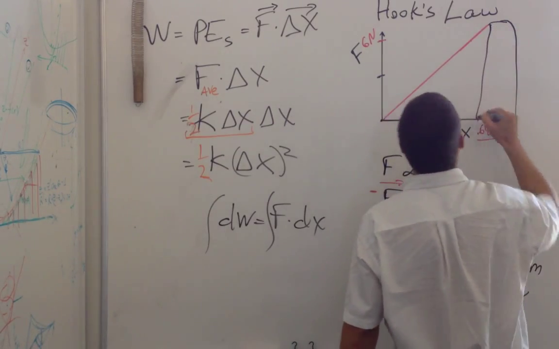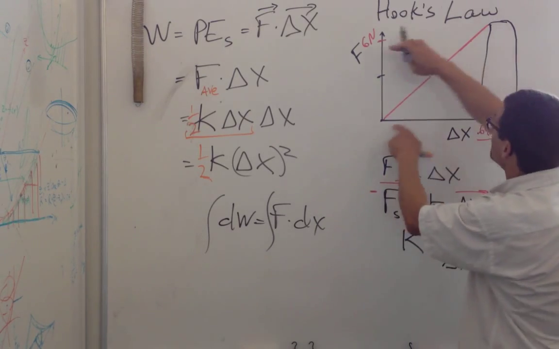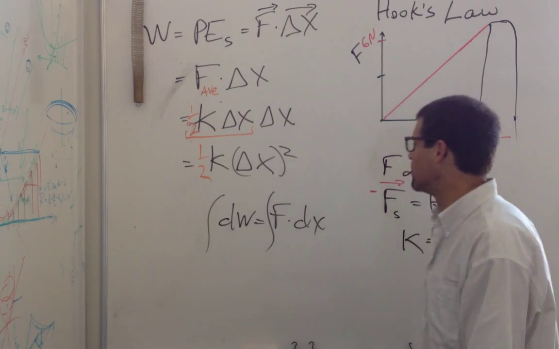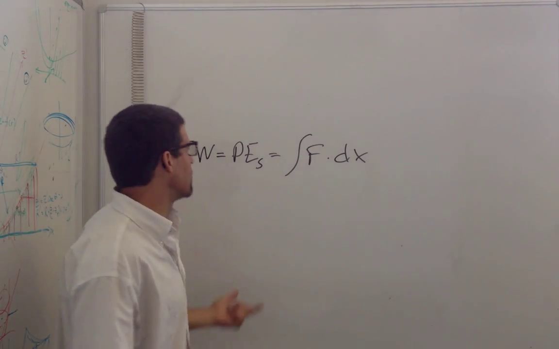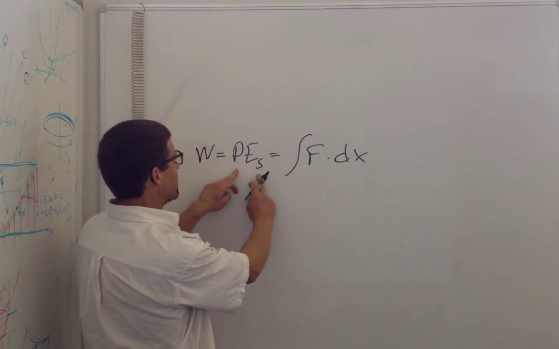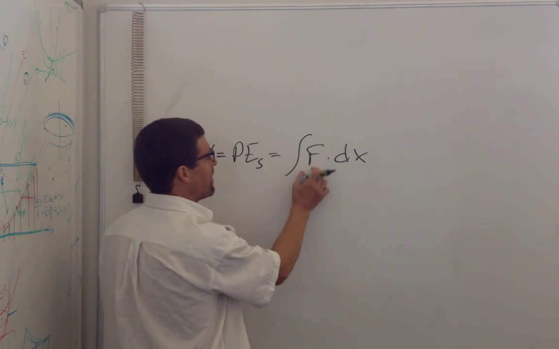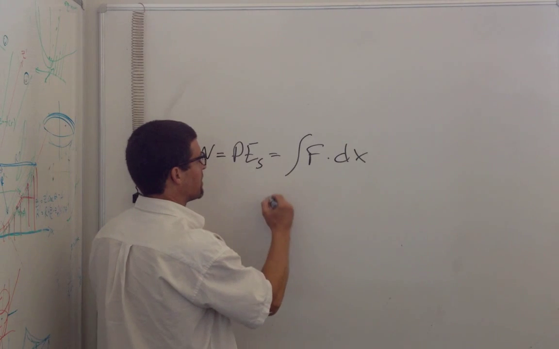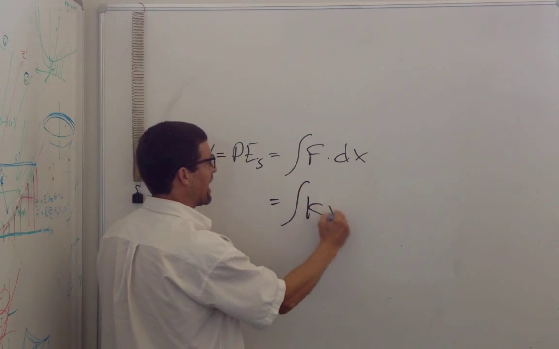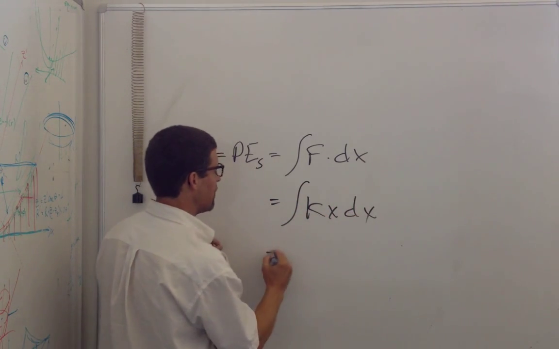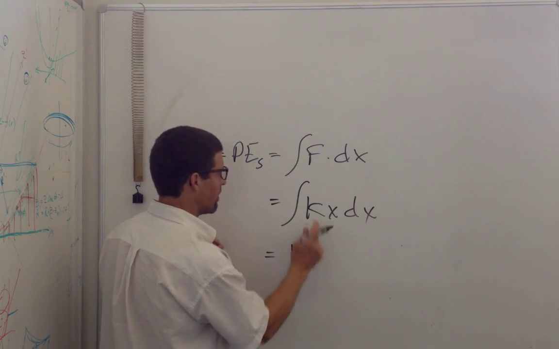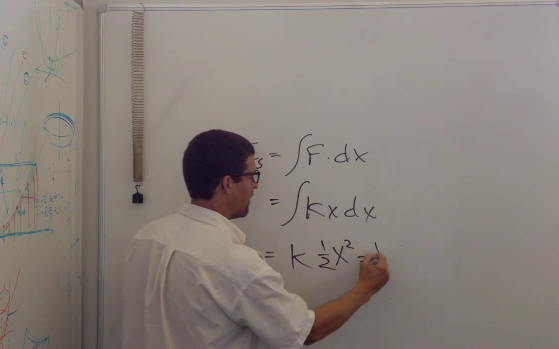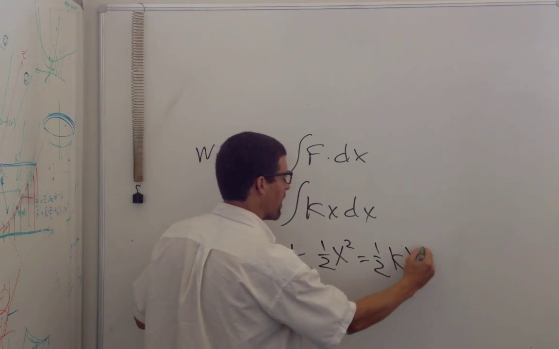And we can see it's just base times height times 1/2, and there your 1/2 comes. Or we can just do the integral. That work is the potential energy stored in the spring, the integral of force dx. But the force at any given x is kx, so kx dx gives you k, the constant, times 1/2 x squared. Again, 1/2 kx squared.